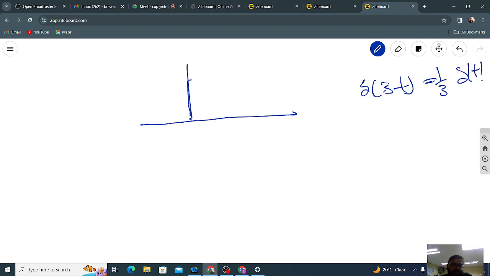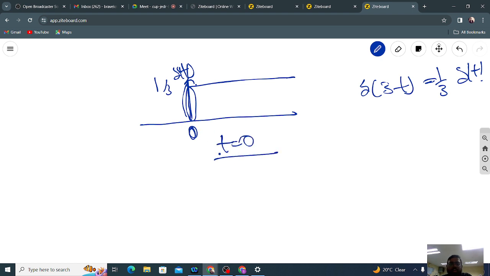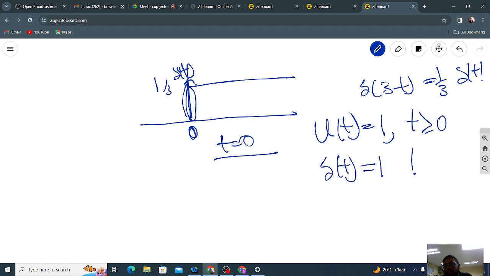So del t has the value here, only 1 by 3 del t now, and it is getting multiplied by u of t. But u of t equals 1 for t greater than or equal to 0, while del t is only nonzero at t equal to 0. For any t greater than 0, del t has the value 0.